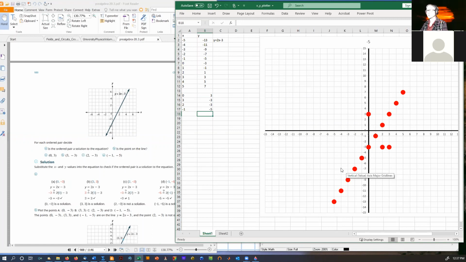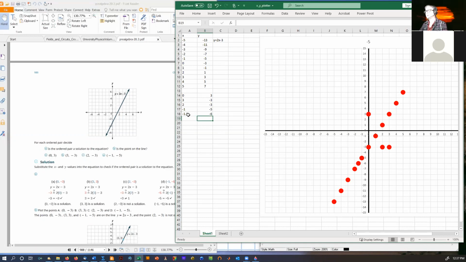And so we could pick any point in here and test whether or not it's a solution. So we could say, let's look at negative 1.5, negative 6. Is that on the line? Kind of looks like it, right? We don't know for sure. We'd have to put those in and solve that.